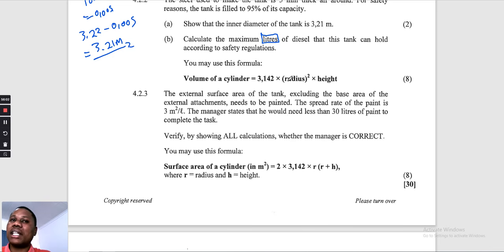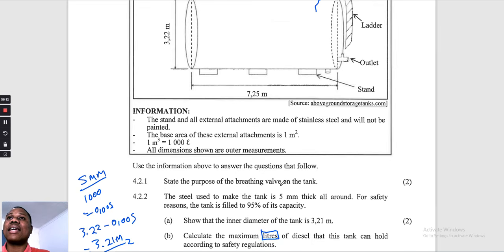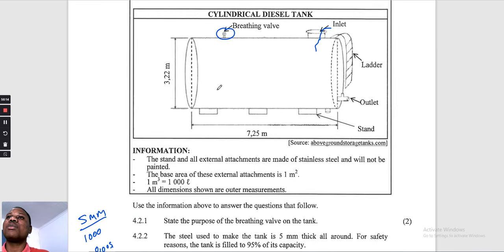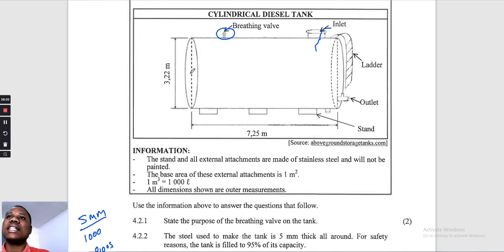Meaning from cubic meters to liters. Okay, so what we can observe, remember the diesel is going to be filled within the diameter of 3,21, not a diameter of 3,22, because this is the outer diameter.